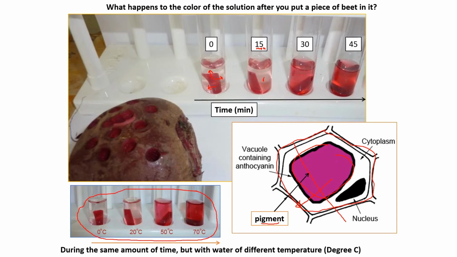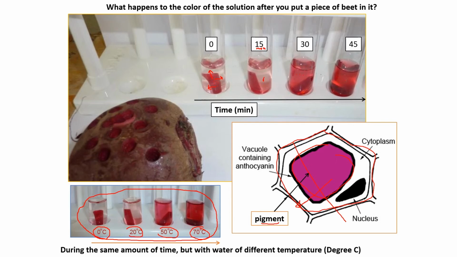This image shows that the diffusion of these pigment particles also depends on the temperature. We have 0 Celsius, 24 Celsius, 50 Celsius, and 70 Celsius; this is the temperature of the water.